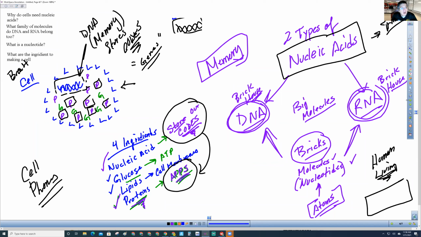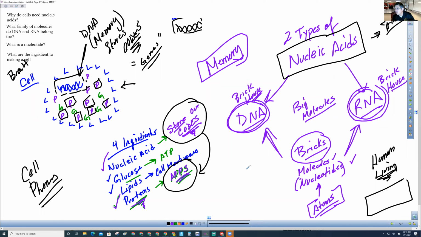What family of molecules do DNA and RNA belong to? Macromolecules. They are macromolecules. They're very big, but they belong to a very specific family of macromolecules. What family? Nucleic acids. The nucleic acid family, exactly. Because if you look, check it out. It's just like you, Brayden. Brayden, you belong to the Ramirez family. Juan, you belong to the Gomez family.